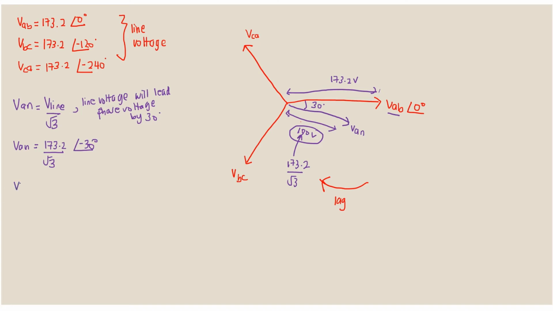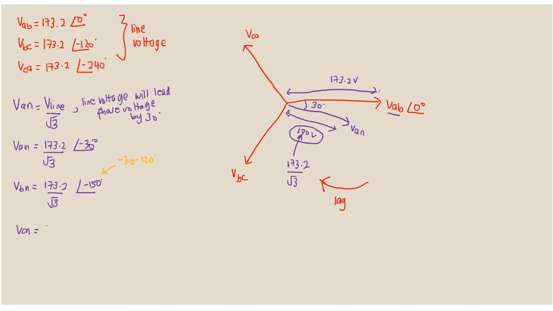Let's continue with VBN. Again, it is 173.2 divided by square root of 3, which gives 100, and now the angle is negative 150. How do you get negative 150? Negative 30 minus 120, because they are displaced by 120 degrees.